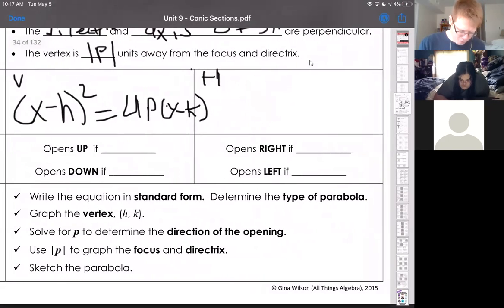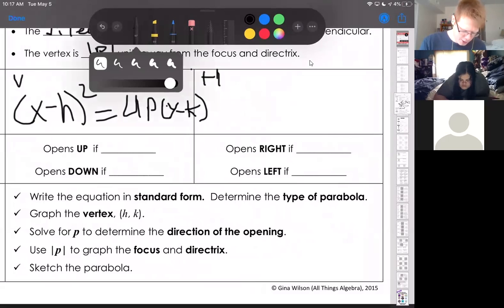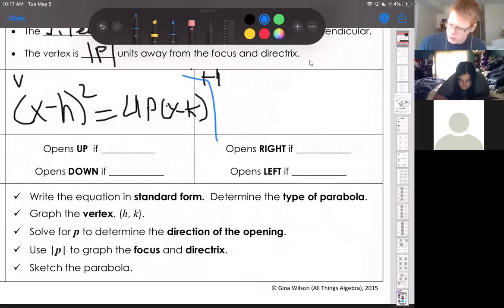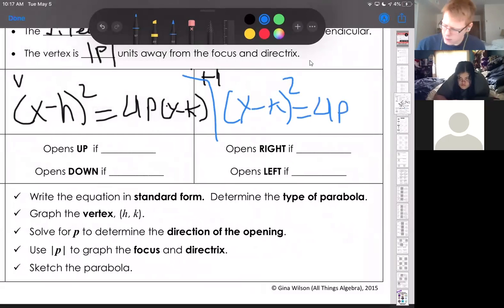Our horizontal formula is going to be pretty similar. It would be (y minus k) squared equals 4p times (x minus h). So they're very similar.